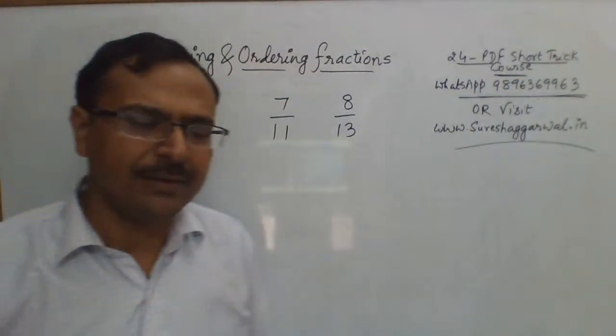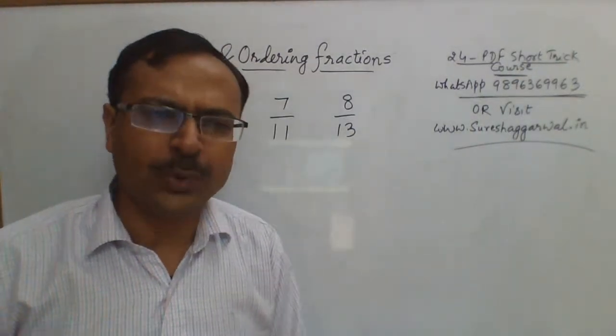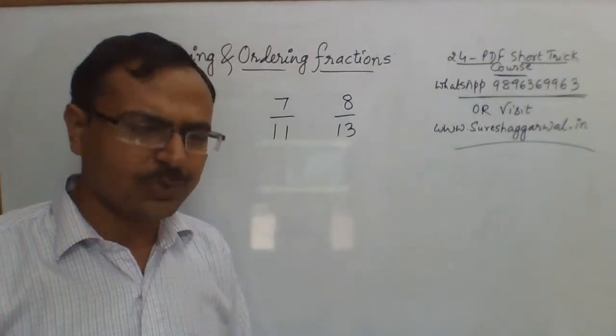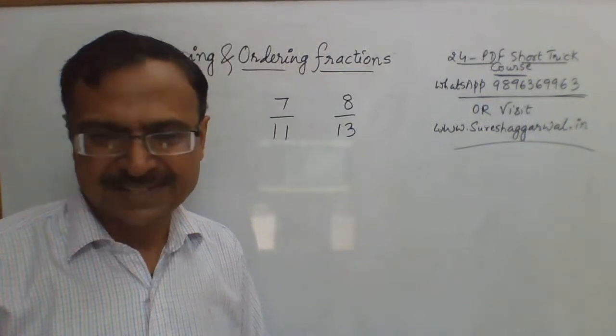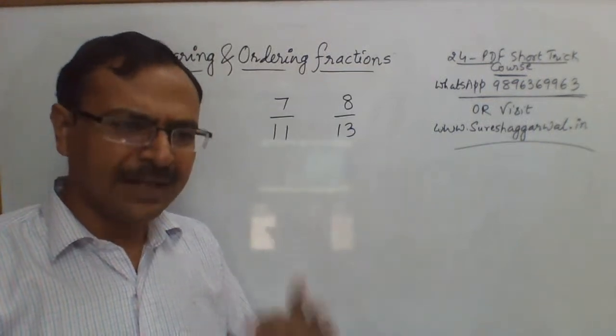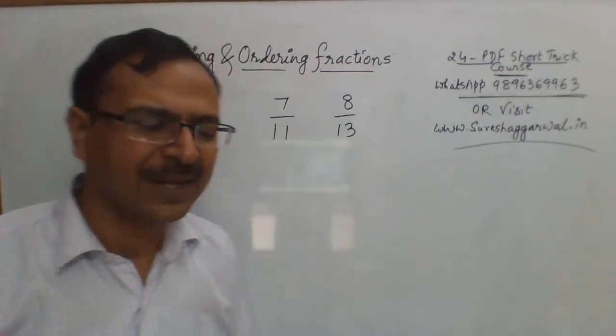Now I want to find which one of them is greater. So I don't need to equalize the denominators. The small kids, that's what they do. They equalize the denominators and then find the answer.